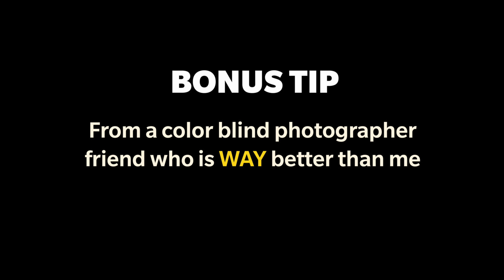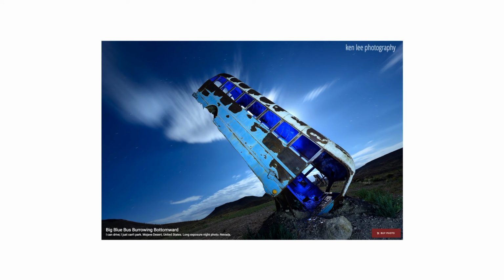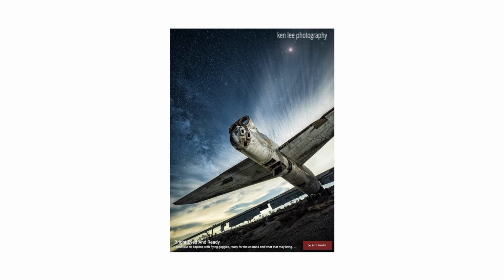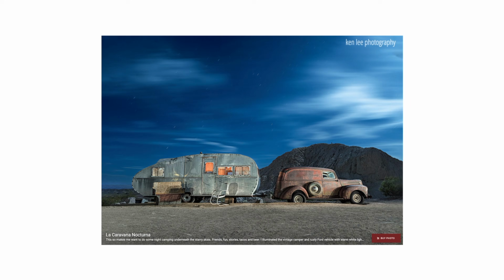Here's a bonus tip, and I say it is a bonus tip because it wasn't in my original list of 5. But one of my friends, photographer Ken Lee, who is a genius light painter, which is when you take a flashlight in pitch black and you paint the image with the flashlight. He's colorblind. So we talked on the Big Photo Hunt podcast twice about this.